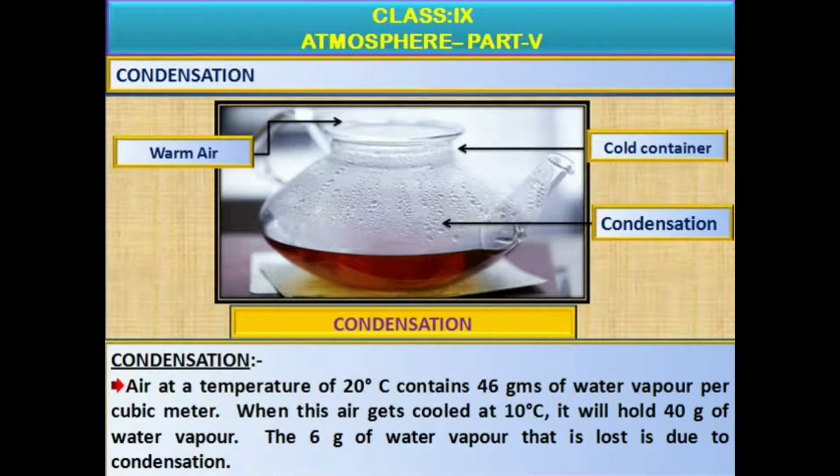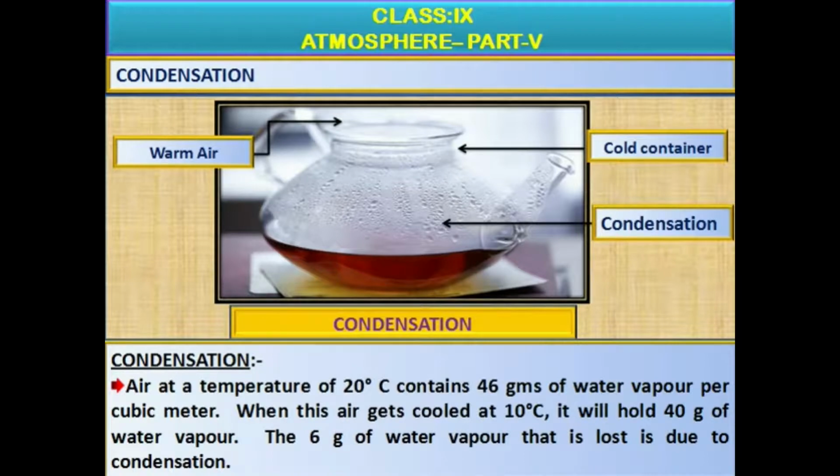Clouds are classified into different types on the basis of their forms and heights at which they are found. For example, cirrus clouds at higher level, cumulus clouds at middle level, stratus at lower level, nimbus rain bearing, and vertical clouds.